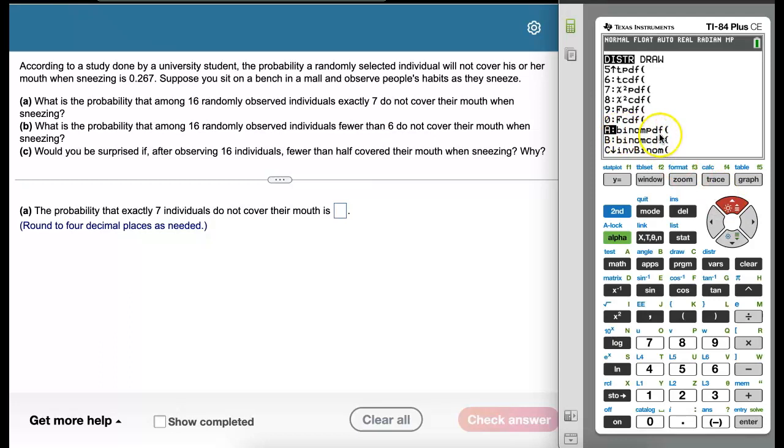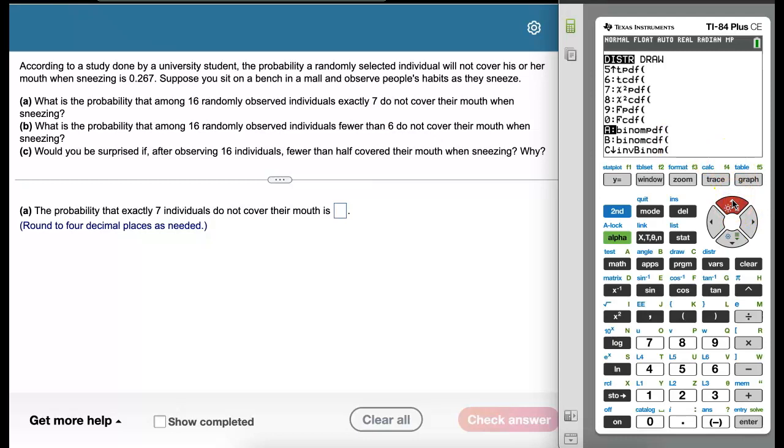If we are, we use binomial PDF. Or are we looking at multiple observations, like 6 or fewer? Then we would do binomial CDF. That's a cumulative distribution function. So it's adding up several different possibilities.